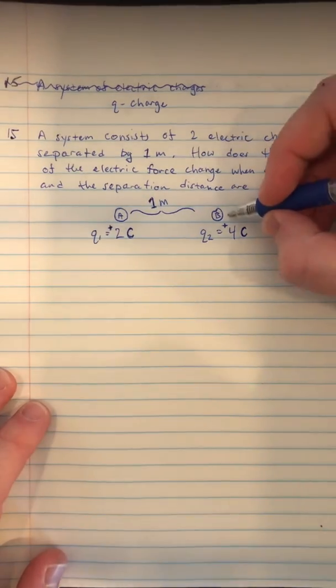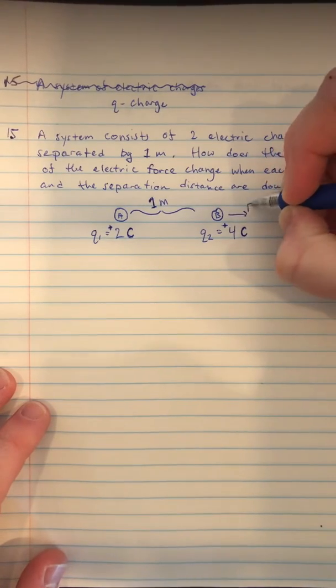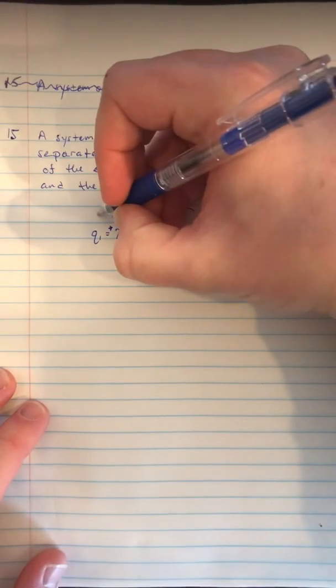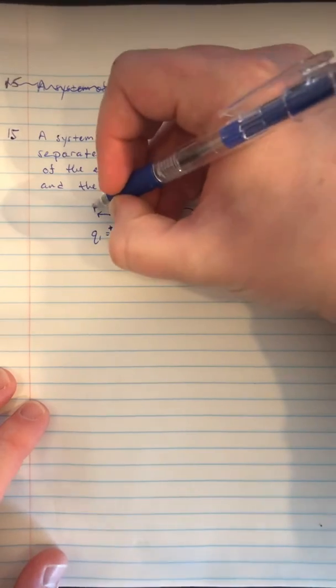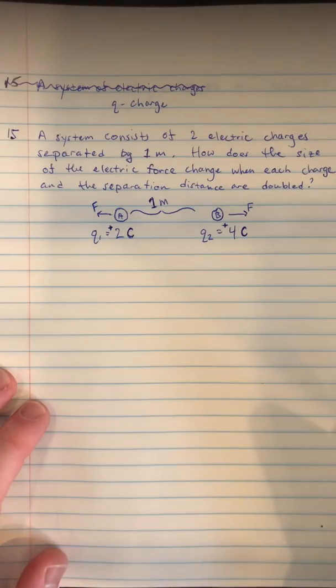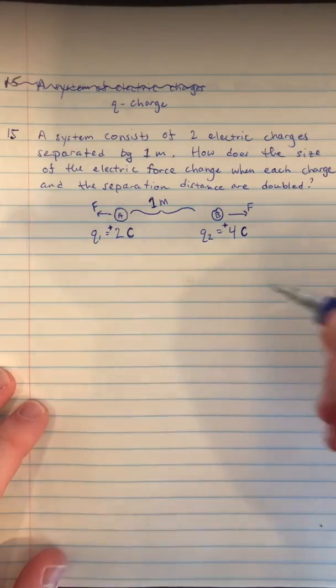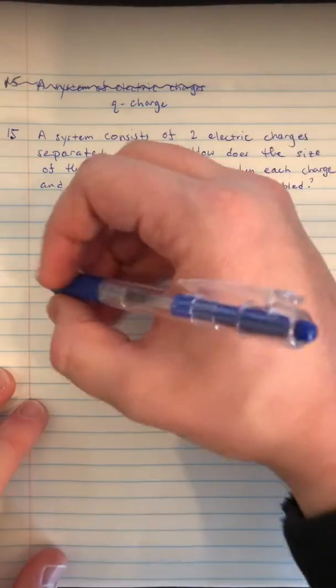So they would feel a force away from each other. We'll call it F for now because we don't know what that force is. But they would feel a force that's pushing them apart. We want to know, how does that force change if we double each one of them.